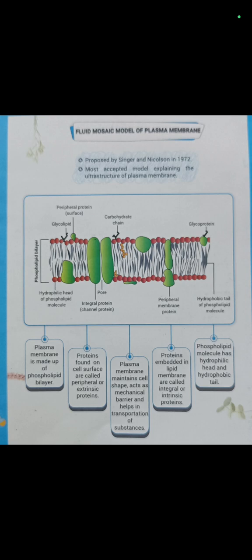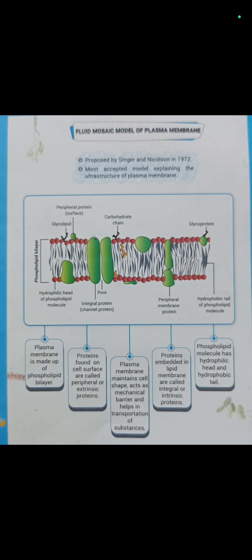Next is the integral protein. The integral proteins are very much inside the plasma membrane, and hence they are very hard to extract out. But the external proteins are outside of the membrane, peripheral to the membrane, hence they are easily extracted with the help of some detergents. Next, let's see the points over there.